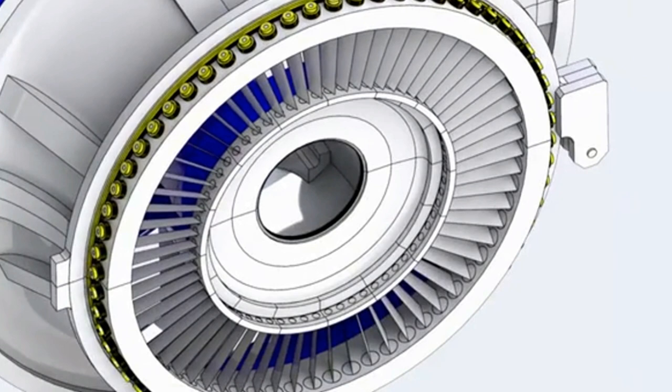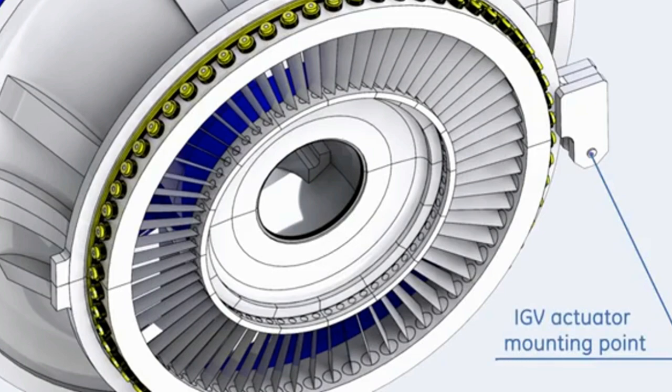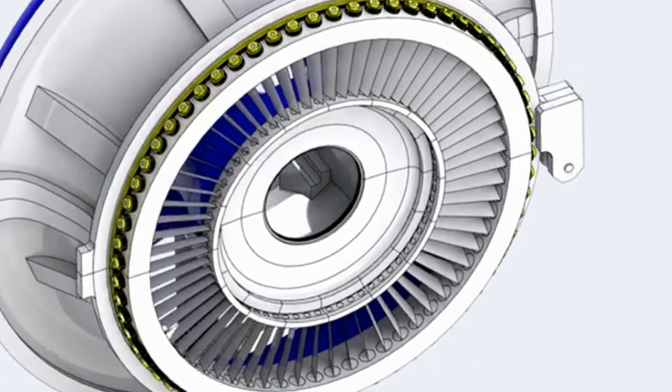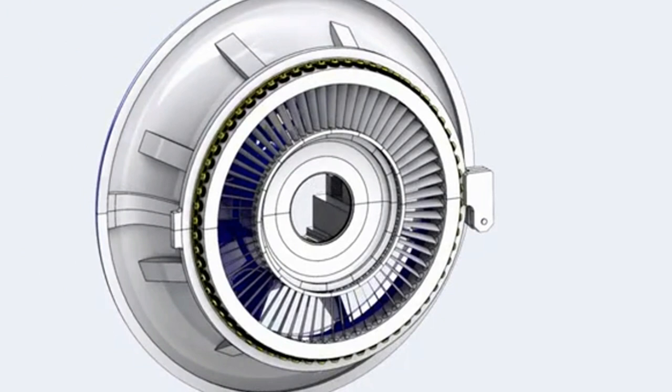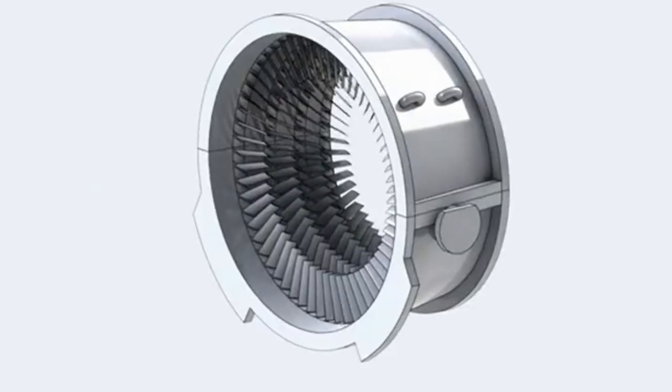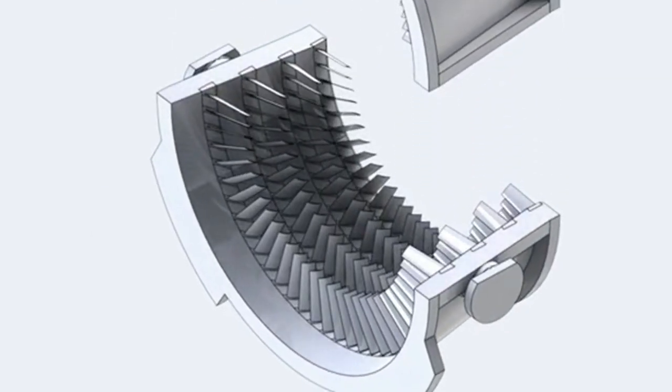The control ring is positioned by a hydraulic actuator to obtain the desired inlet guide vanes opening angle. The opening angle for this gas turbine ranges from 34 to 84 degrees. The forward casing contains the first 4 compressor stator vanes.